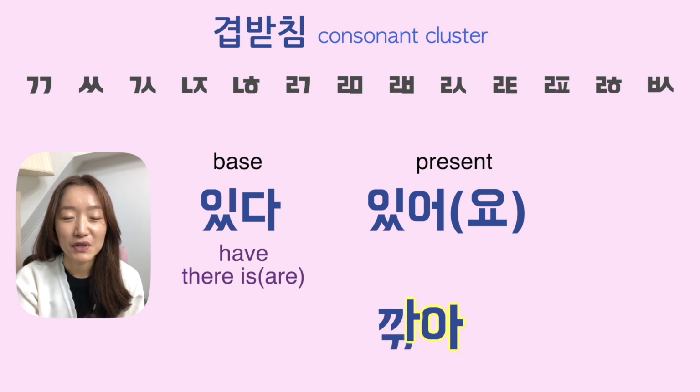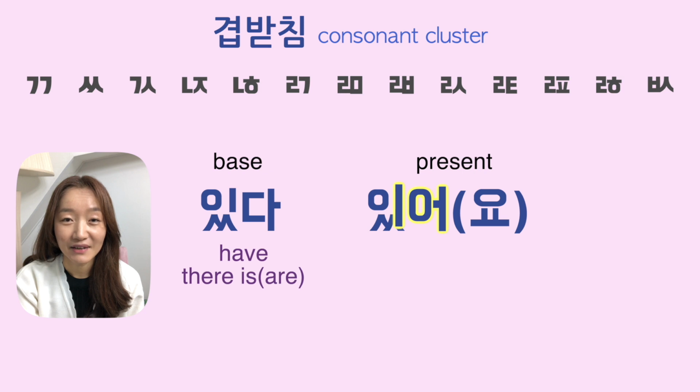But otherwise we put 어. Like this one, there is the ㅣ vowel character, so we use 있어. It's either 아 or 어. So for this case, we use 어. 있어 means I have, somebody has, 있어.